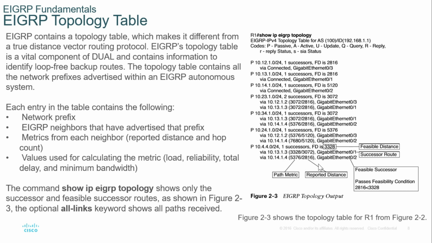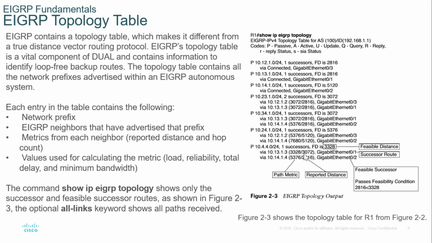Right, then untuk dia pilih the feasible successor, dia akan tengok this reported distance and use the feasibility condition. Feasibility condition kata in order for a path to become the successor route, the reported distance must be less than feasible distance. So in this case, dia pilih yang 2816. Okay, so nampak 2816 is less than 3328.